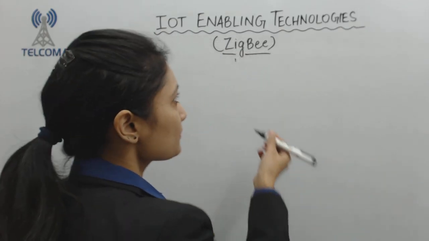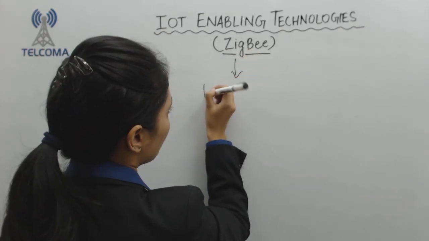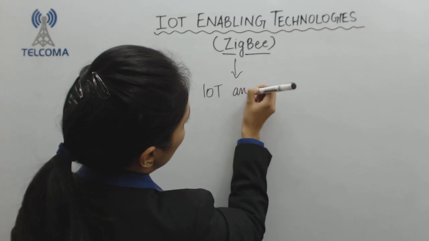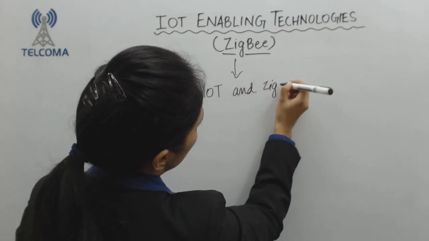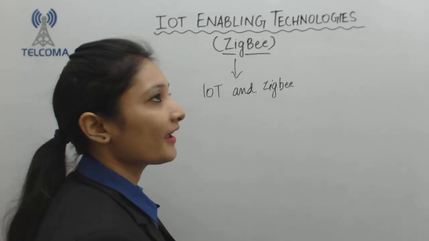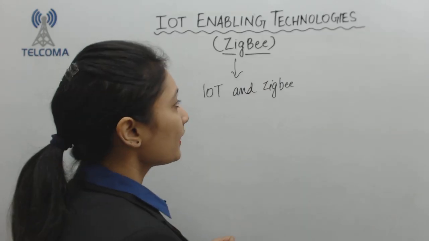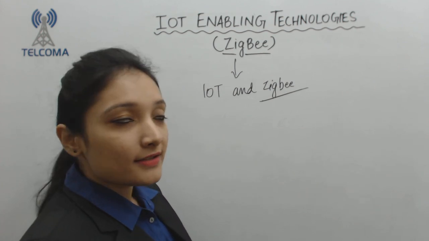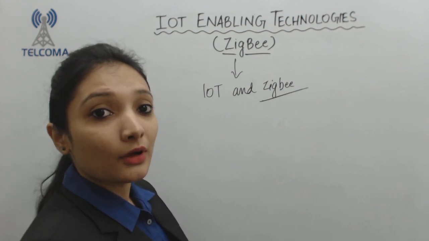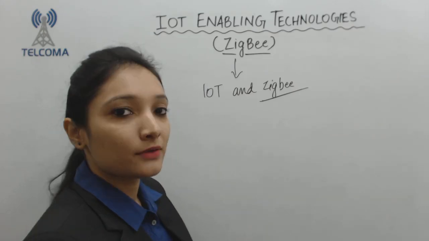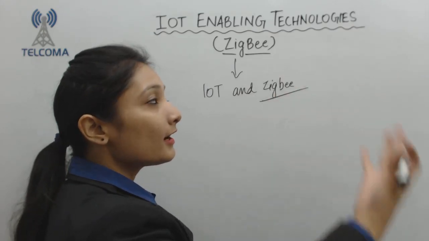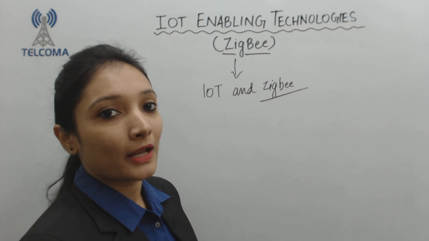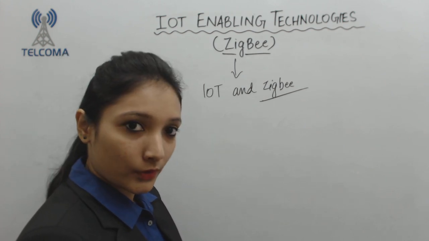So if you specifically talk about IoT and Zigbee, that means the Internet of Everything. Every device is connected to the internet. So Zigbee enabled sensors, modules, and devices are enabling communication or providing a gateway for various devices so that they can communicate with other cloud platforms or the wide area network.